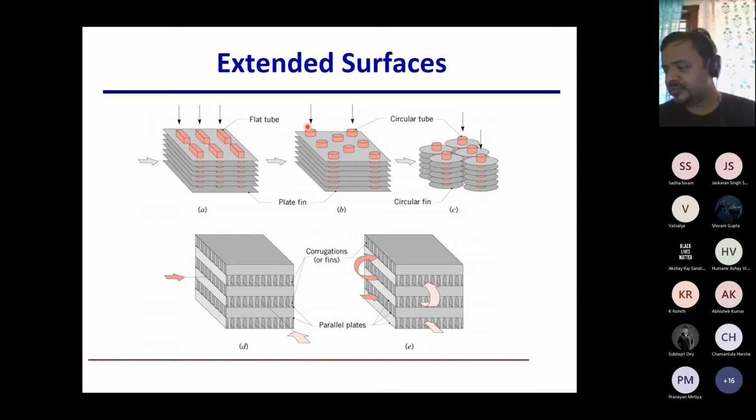In the bottom part, you see finned heat exchangers. These are all finned passages at right angles. Let us say in one direction, south to north, you have one fluid, and from west to east, you have a second fluid.